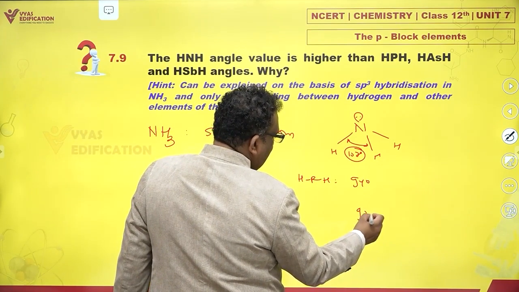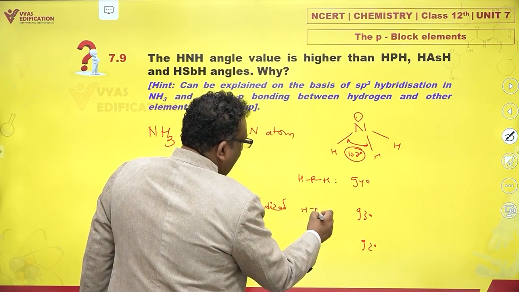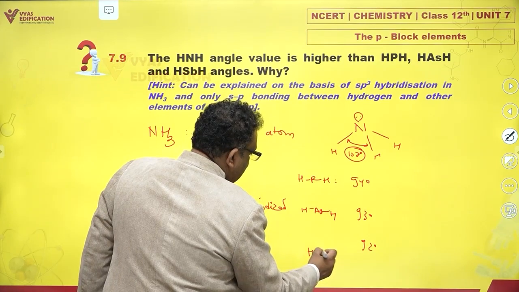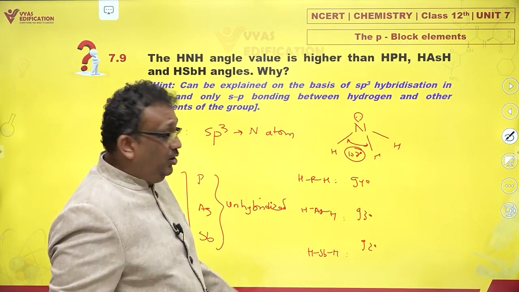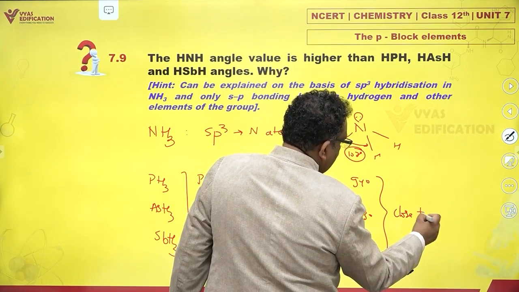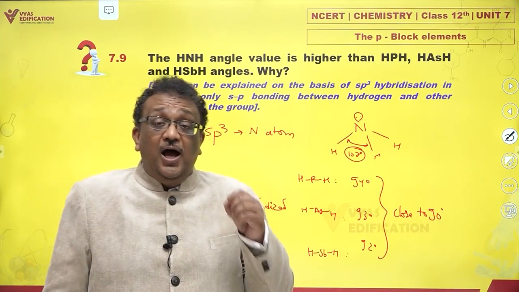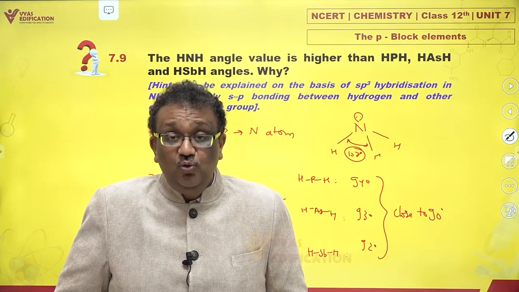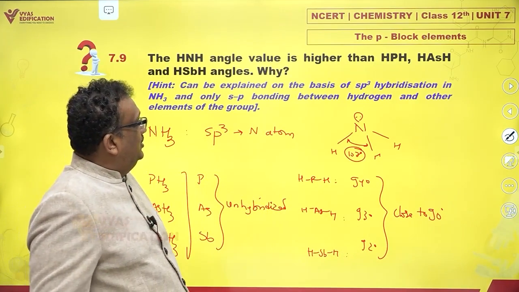This is 93 degrees. This is around 92 degrees. So H-As-H, H-Sb-H. These are approximate bond angles which are close to 90 degrees. If they're close to 90 degrees, it means that unhybridized p orbitals have been used in bond formation or bond overlap.